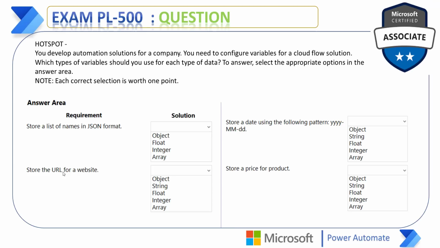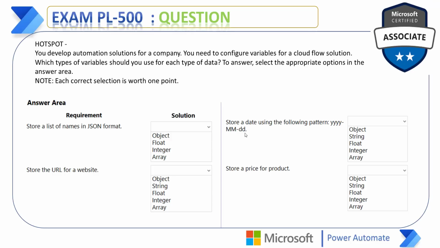And it is typically a text data format. In that case, I'm going to use string over here. I'm not going to use object, float, integer, or array. Why can't we say array or object? Array and object hold multiple values. But here I'm going to store the URL, so I'm going to use string as the data type.